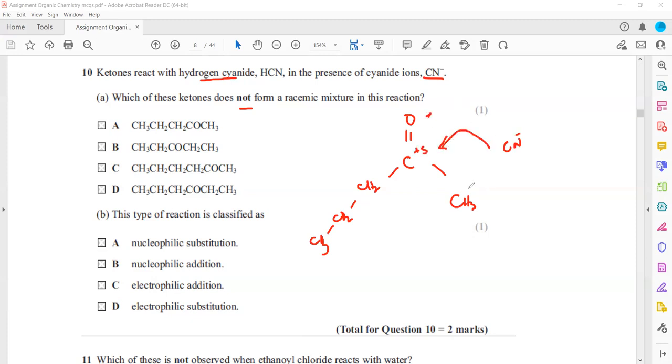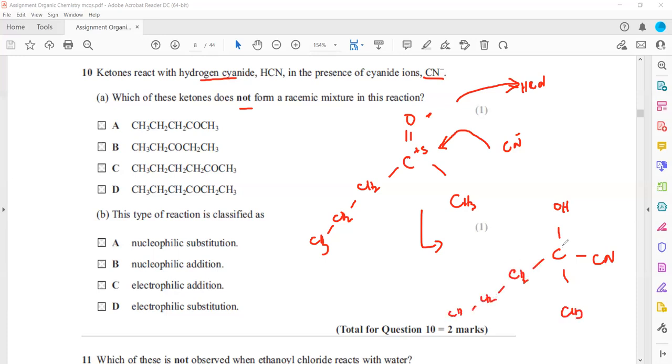This will form a bond, and the hydrogen from HCN will form a bond with the oxygen. So the product formed will be C with OH, then CN, then CH3, and then CH2, CH2 and CH3.